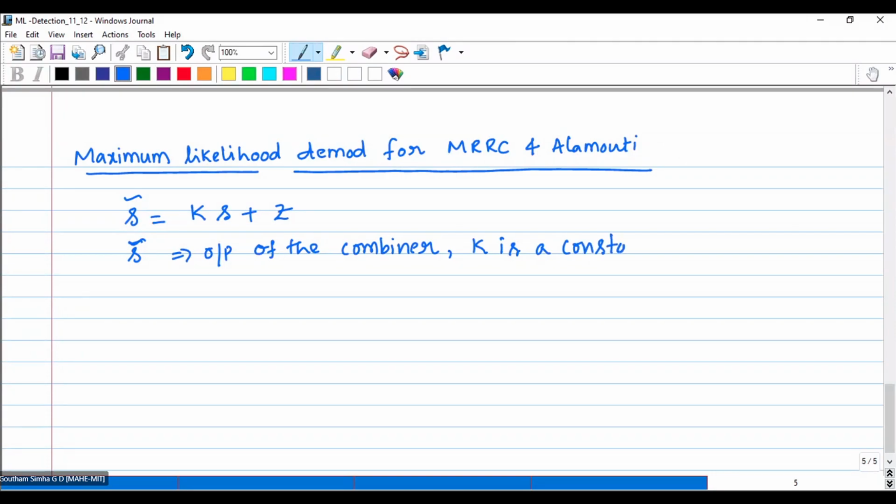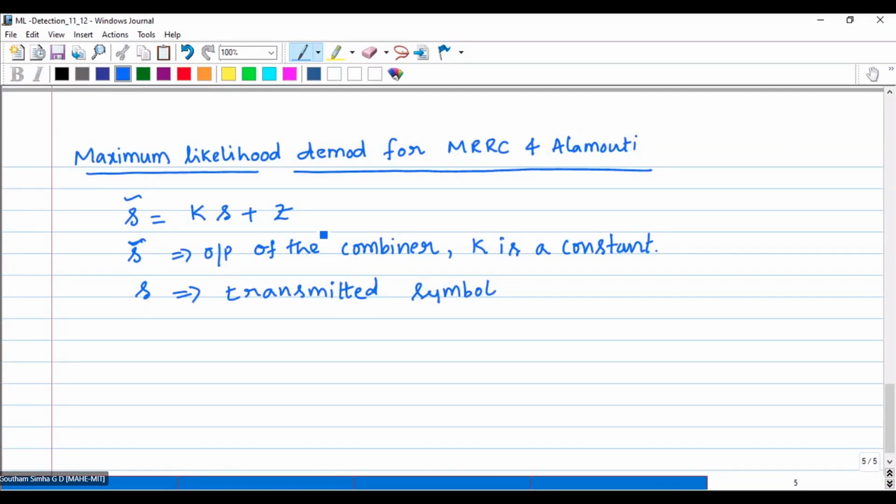K depends on the channel gain values from the transmitters, how many transmitters you have used and how many receivers you have. S is the symbol vector that has to be detected, the transmitted symbol. This we know.